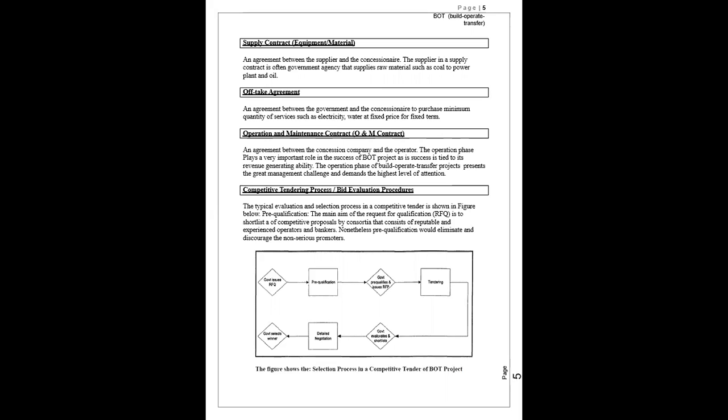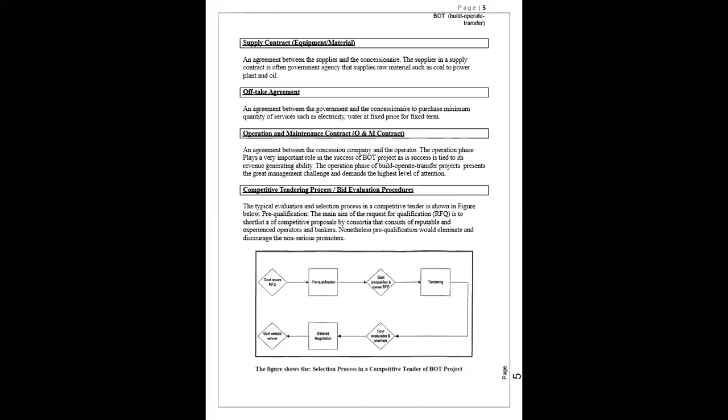So if the byproduct is water or electricity, then who will purchase that much water or electricity? If it is toll booths, etc., no problem. But suppose you are giving a concession to an energy development company, then who will take that electricity?